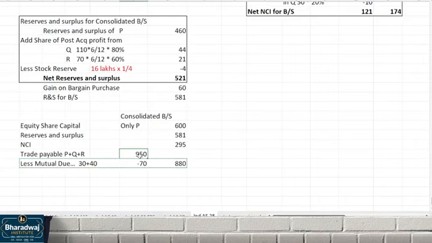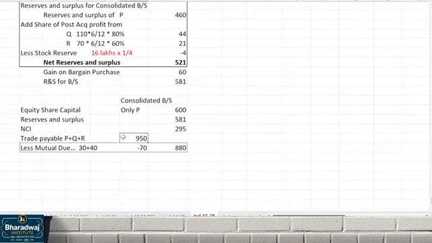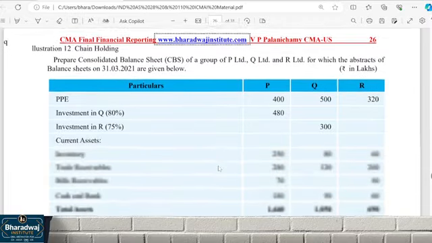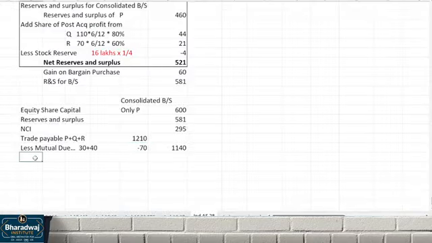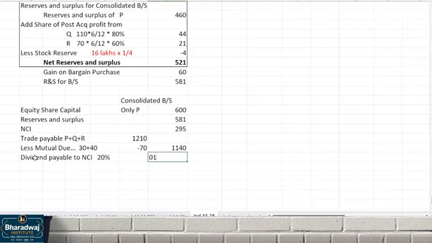How much? 950 plus 260, 1000 minus 70 will give us 1140. Then dividend payable to the NCI component, and the 20% component will come as a liability. How much? 10.